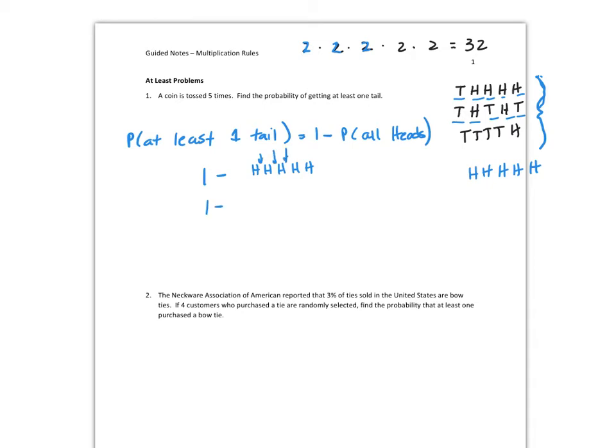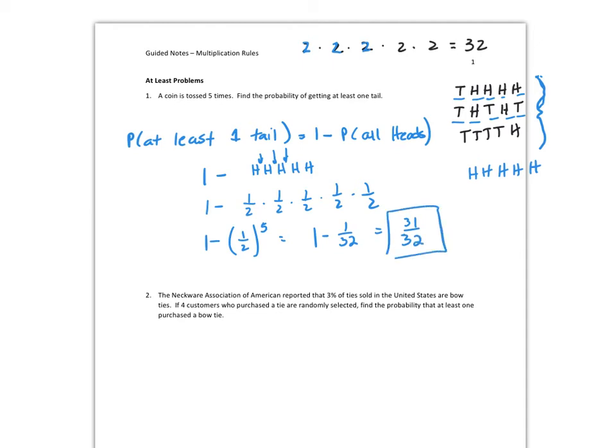Isn't that 1 minus the probability of tossing a coin and getting a head is 1/2, and 1/2, and 1/2, and 1/2, and 1/2. That's 1 minus 1/2 to the 5th. That's 1 minus 1 over 32, and that's 31 over 32 would be your probability.